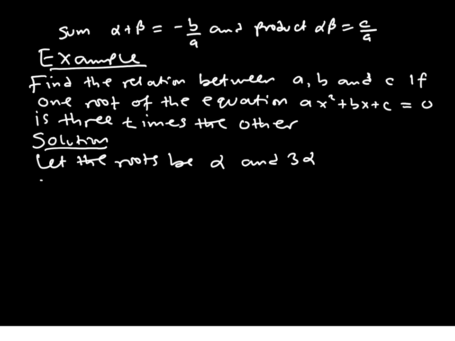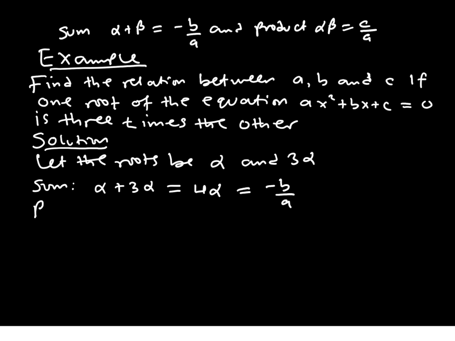So the sum: we have alpha plus 3 alpha, which is equal to 4 alpha, which is going to be minus b over a.